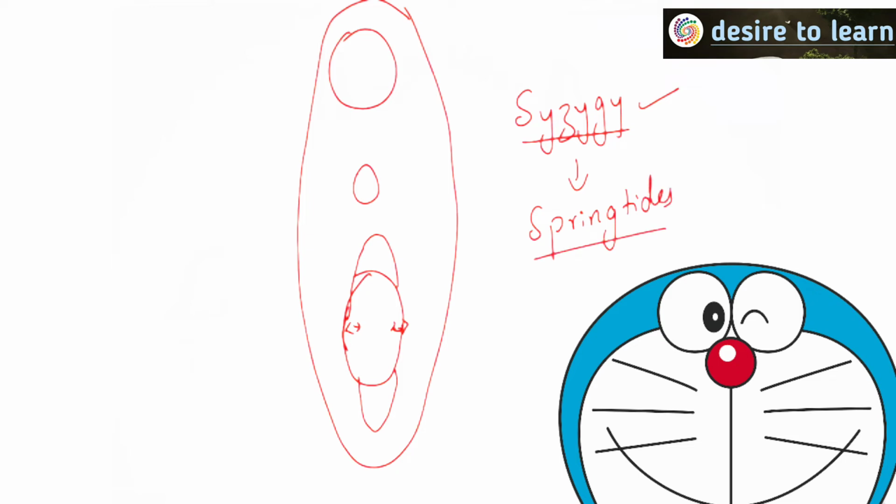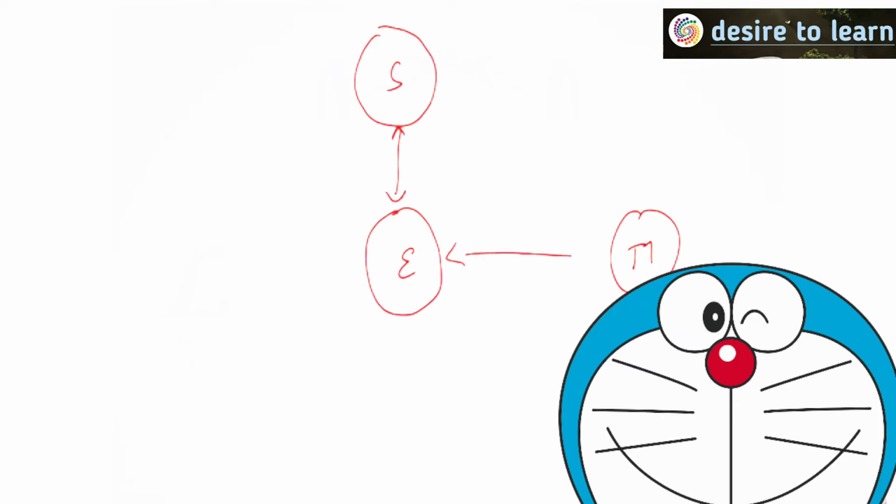Is it fine? Now, there is another scenario where you have sun, you have earth and you have moon. Now, sun will be having some gravitational pull, moon will also be having some gravitational pull.